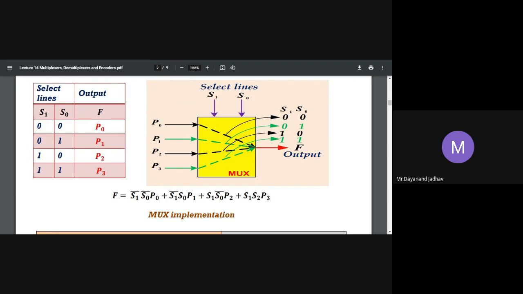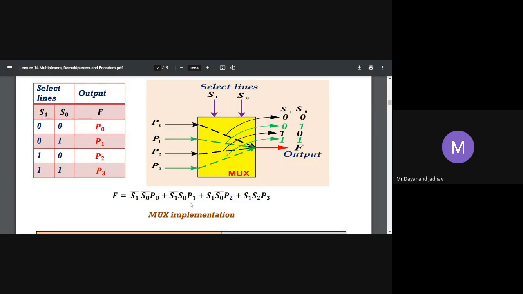With the help of the select lines, only one input is selected in the output, therefore it is also called a data selector circuit, that is, the multiplexer.